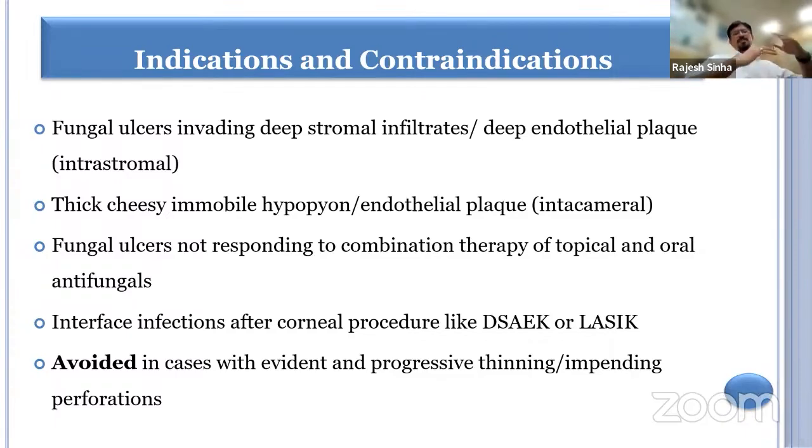Again, for the same reason, there's a place for the microbes to proliferate and the infiltrates to increase, so you have to give targeted therapy there with intrastromal injections. But in conditions wherein there is a lot of melting, there is thinning of the cornea, in such cases it should be avoided.